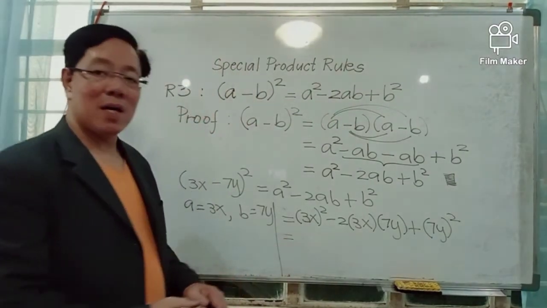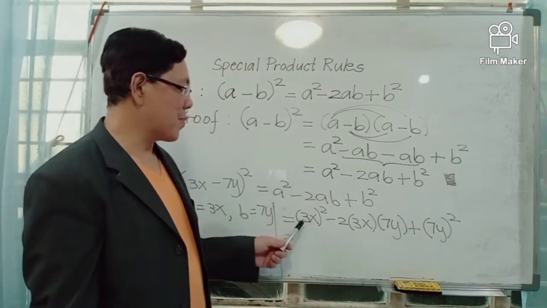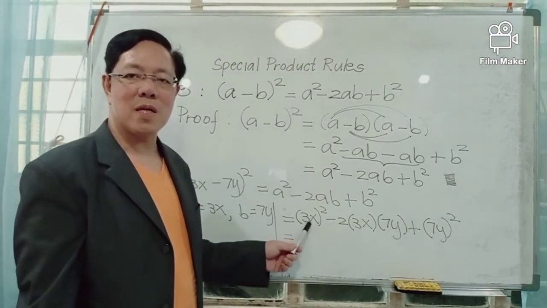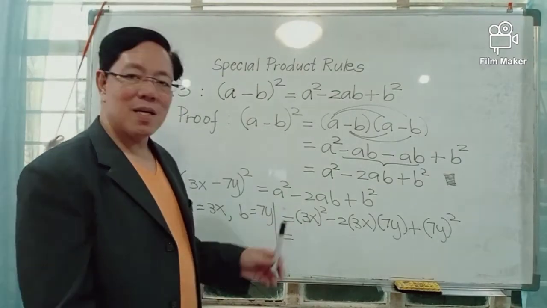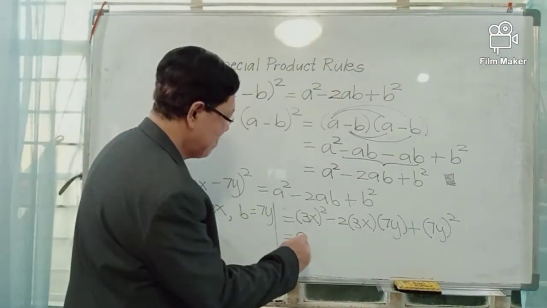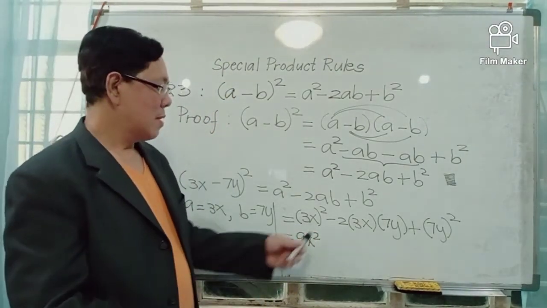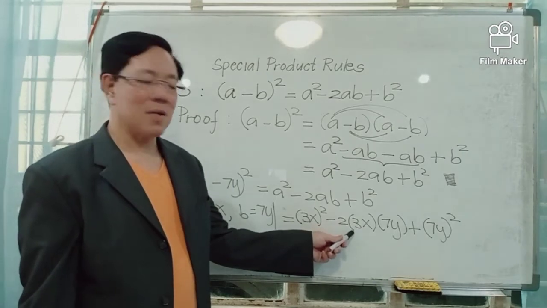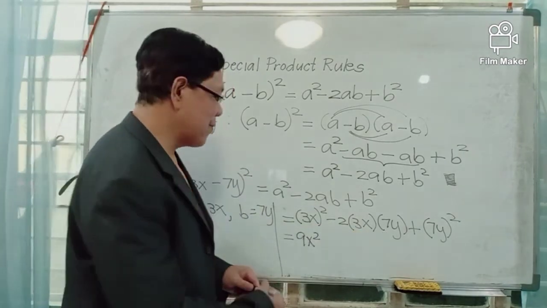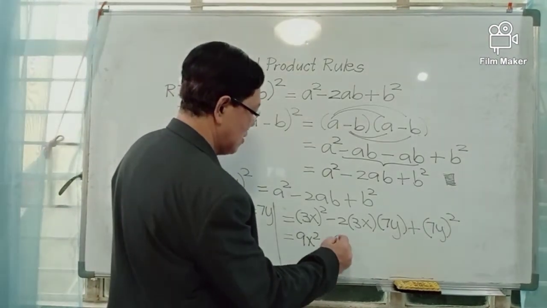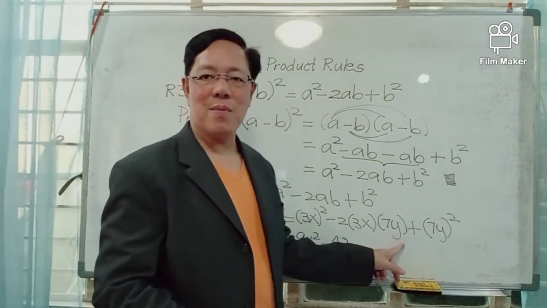And we simplify each term by property of exponents. The square of 3x equals the square of 3 times the square of x. The square of 3 is 9, multiplied by the square of x, x squared. Negative 2 by 3 is negative 6. Negative 6 by positive 7 is negative 42. Negative 42 multiplied by x multiplied by y.